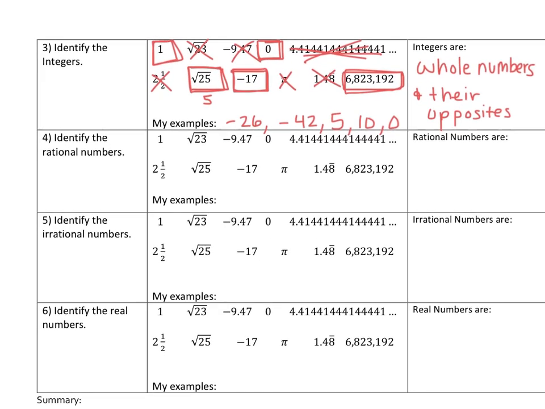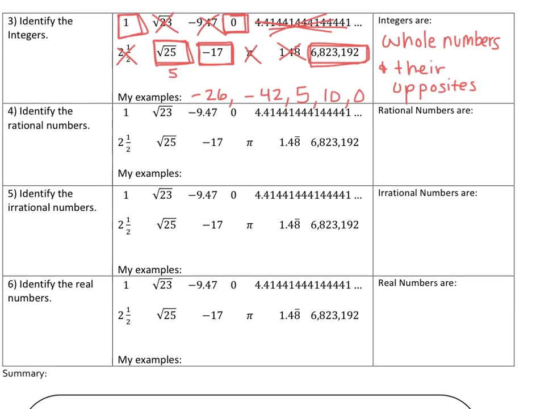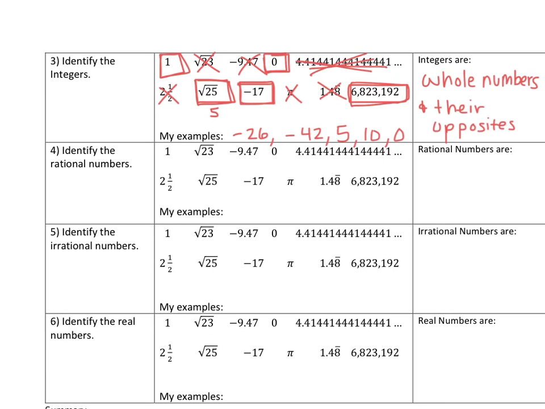Next one is identifying rational numbers. So rational numbers are the integers, fractions, and decimals that end or repeat.